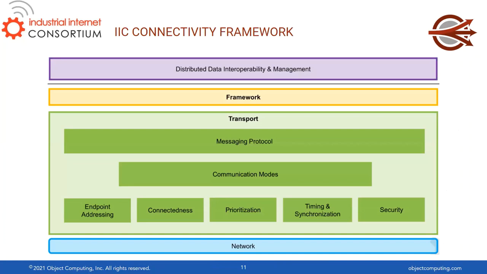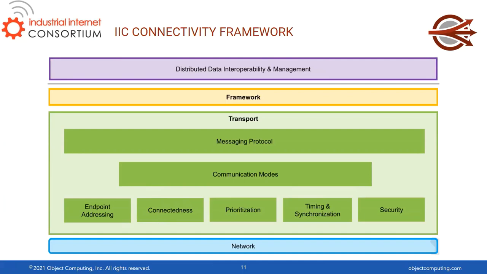We need some kind of messaging protocol, how our message is formatted in the system, and to address some of the basic mechanisms of security, of addressing. Does it provide some kind of virtual sense of connected sessions across a connectionless underlying network? All those sorts of things are handled by the transport.